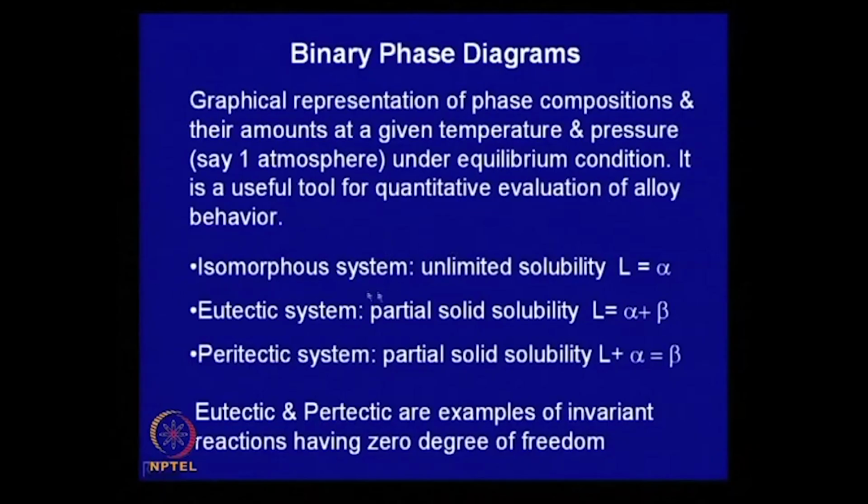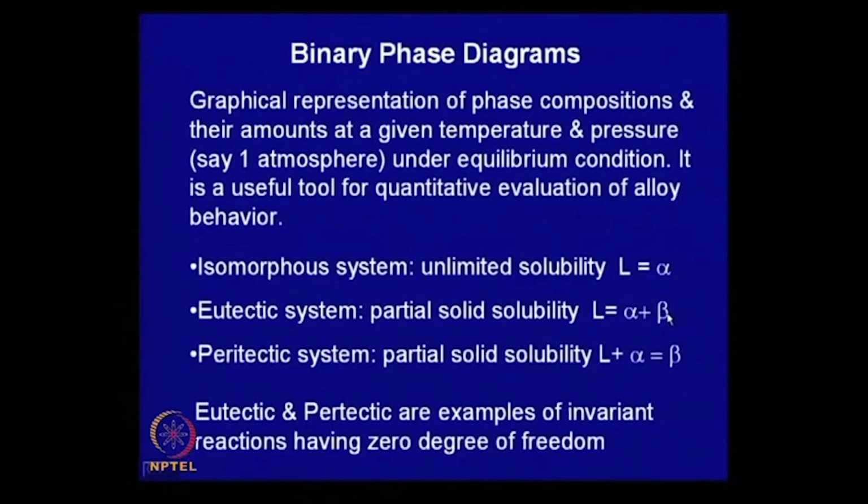Now, in the case of an isomorphous system, where there is unlimited solubility in both liquid and solid state, the freezing takes place over a range of temperature. We looked at the eutectic system, where there is partial solid solubility, and here at some stage a liquid dissociates into a mixture of two solids, alpha and beta.